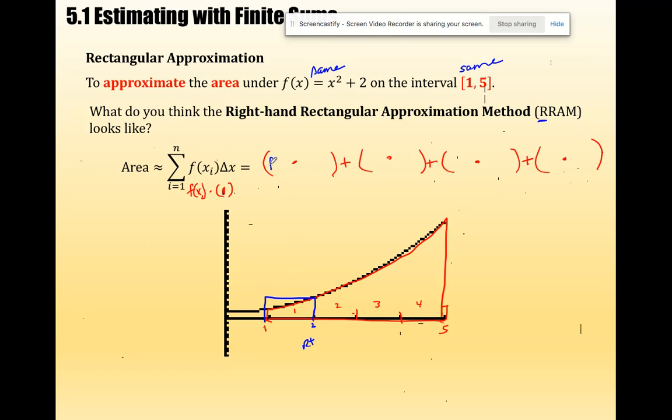So my first height came from f of 2 times 1. Go to the right side of the second interval, up to the function, make it constant, over. Up to the function, and each one of these had a delta x of 1.